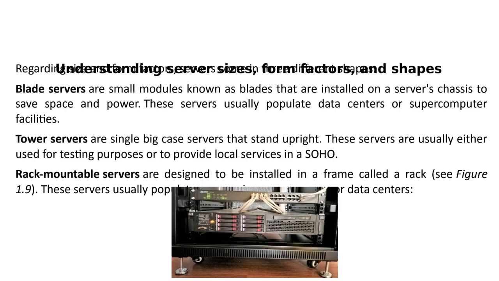These are called blade servers. A tower server is a big computer that is put like on the floor or on the table, and it's vertical. Rack mountable servers are designed to be installed in a frame called a rack. Okay. This is the figure. This is how it looks like.